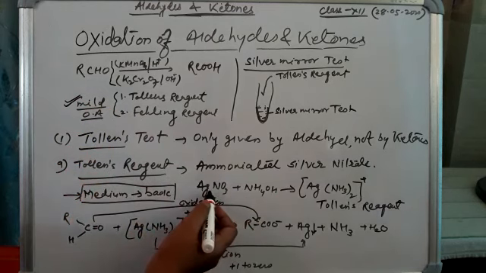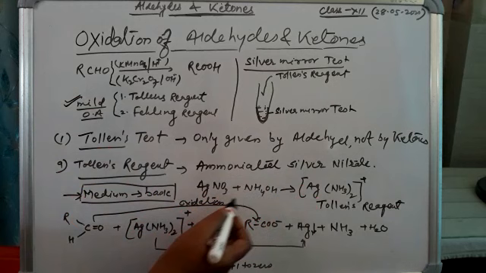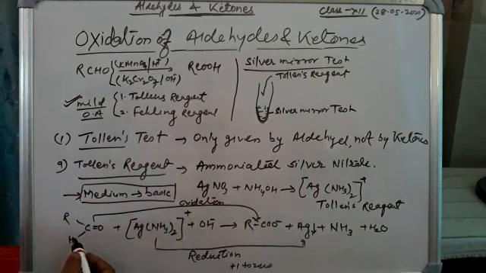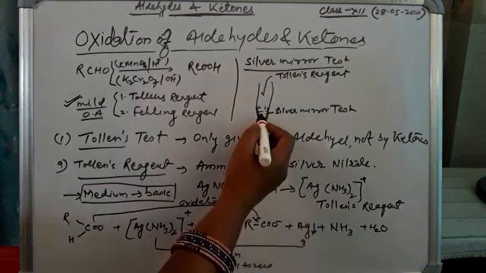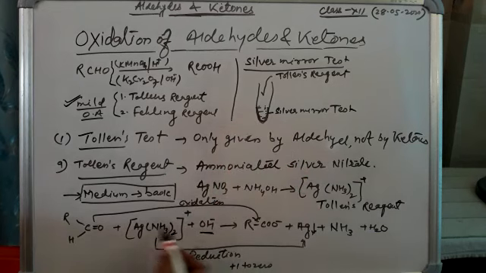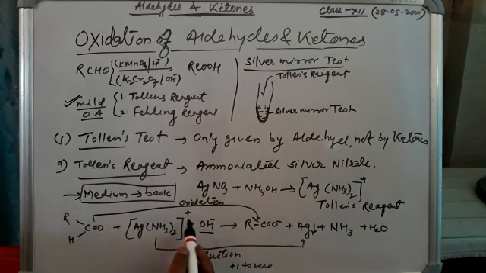It is prepared from silver nitrate with ammonium hydroxide, and when the carbonyl group of aldehyde is treated with this Tollens reagent in basic medium, precipitation of silver takes place on the inner side of the test tube, and aldehyde gets oxidized to acid and silver gets reduced from +1 to 0 oxidation state. Balance this equation and write it in your notebook.